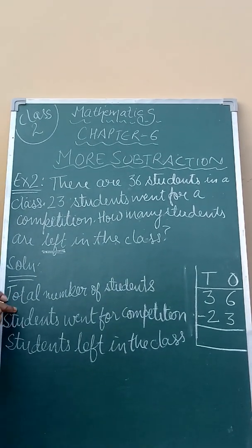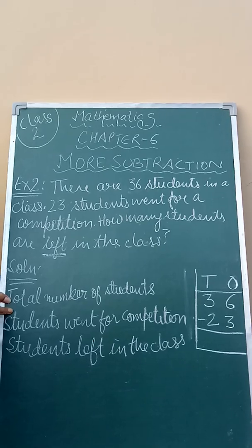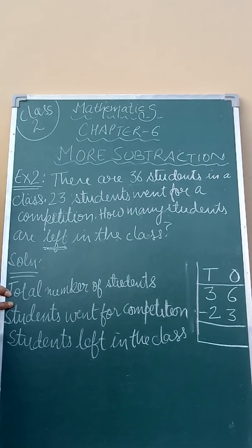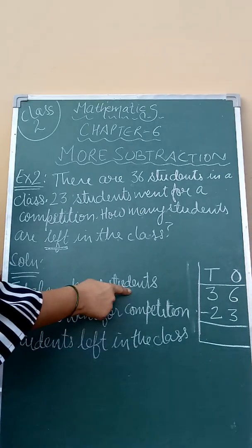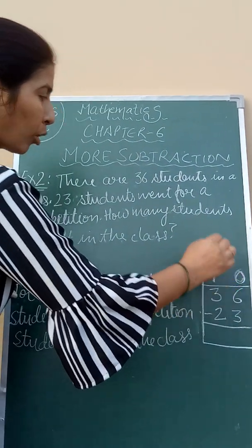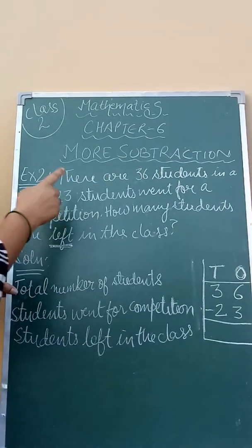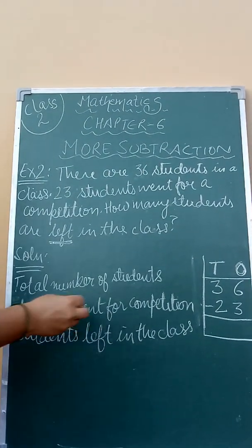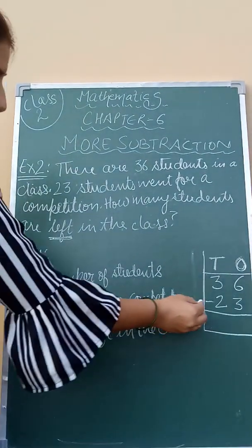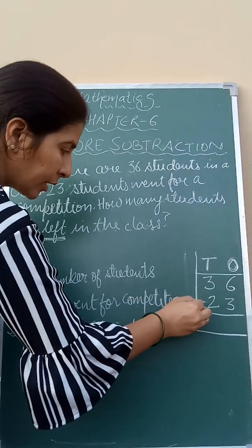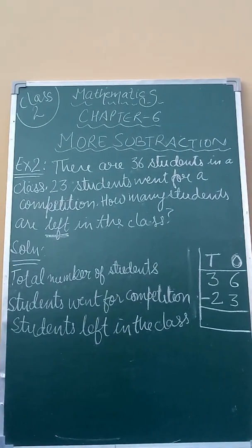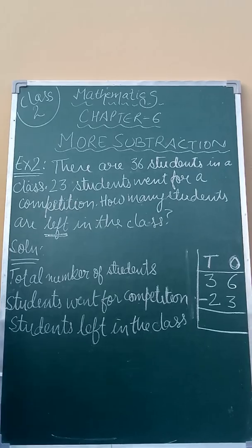So first of all, students, I have written the statement like this, and you also have to frame the statements, and the statements are different for different questions. Total number of students, and before that we have written tens and ones. This is very important, and here both the numbers are 2-digit numbers. So the total number of students is 36. In the next line, students went for competition 23, and put this sign. This is very important while doing the questions. Put the sign, minus sign, plus sign, whatever the question needs.